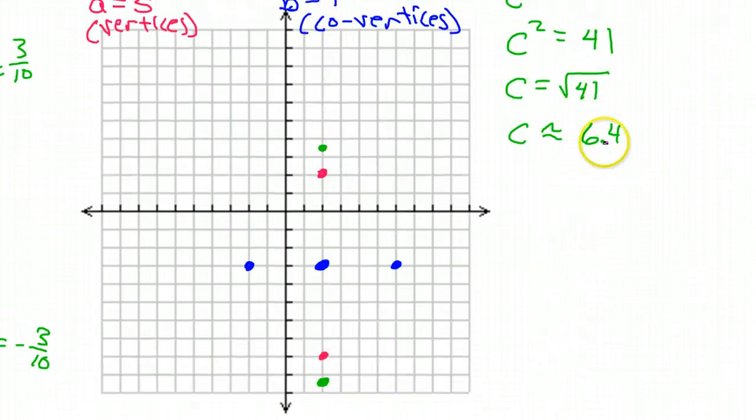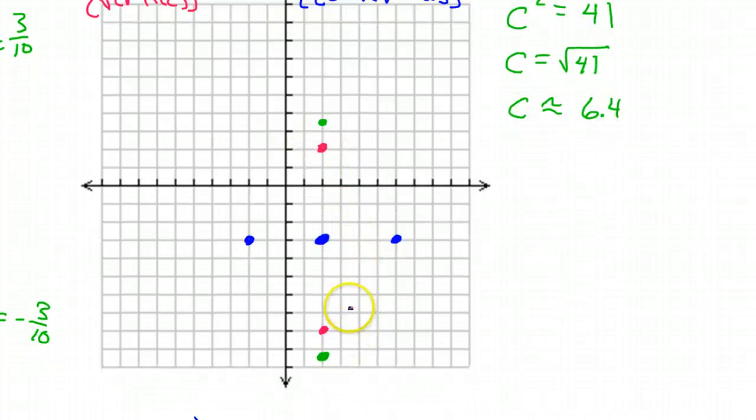Now, when I name them, I can't use the 6.4. I have to use the radical 41. But this is not positive radical 41, otherwise it would be up here at 6.4 somewhere. No, it is starting from a negative y value and going up. So it's starting from negative 3, and then we're adding radical 41.